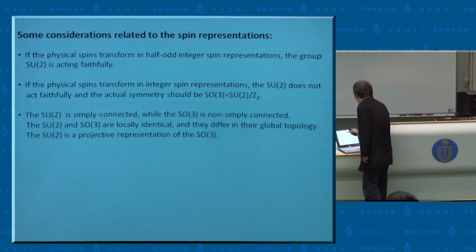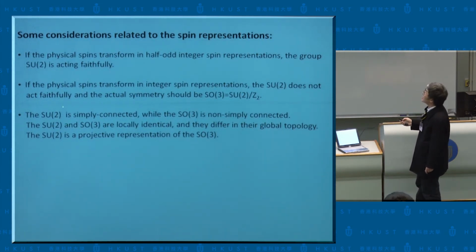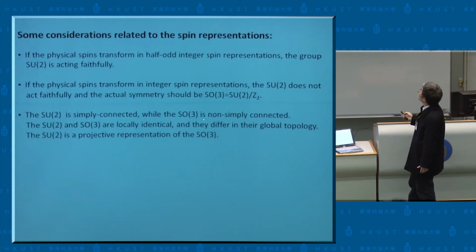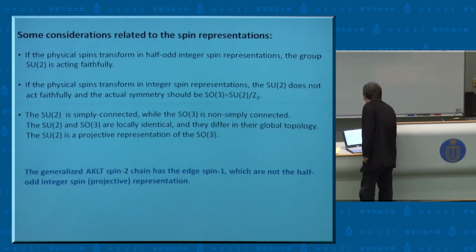Moreover, the SU2 group is different from SO3 because SU2 is a simply connected Lie group, while SO3 is not simply connected. Although SU2 and SO3 are locally identical, they differ in their global topology. In particular, SU2 is a projective representation of the SO3 group.